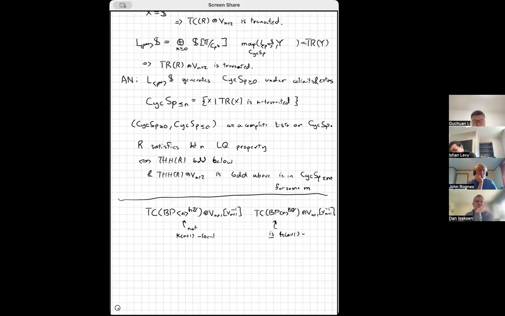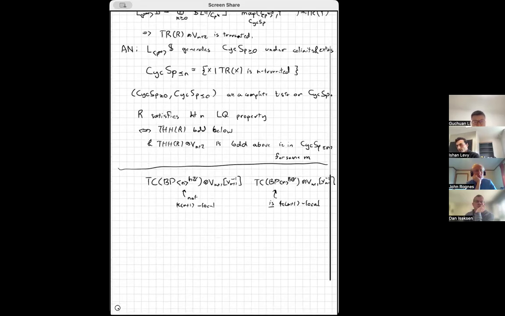And so they can't be equivalent as spectra, but somehow their homotopy groups are still the same. So they only have isomorphic pi stars.